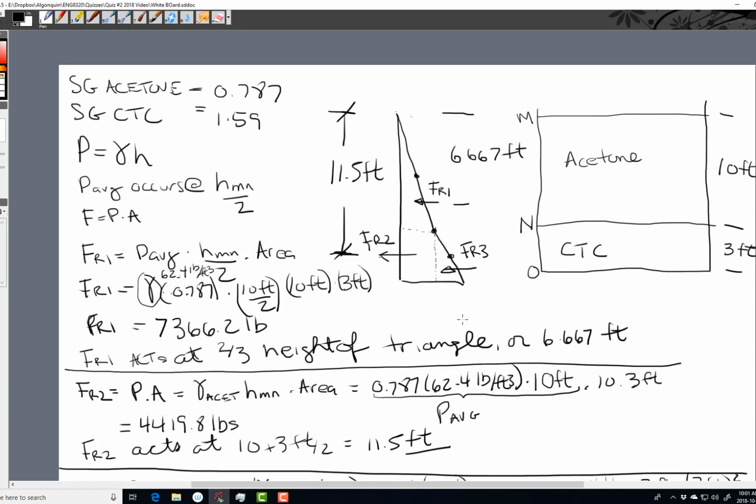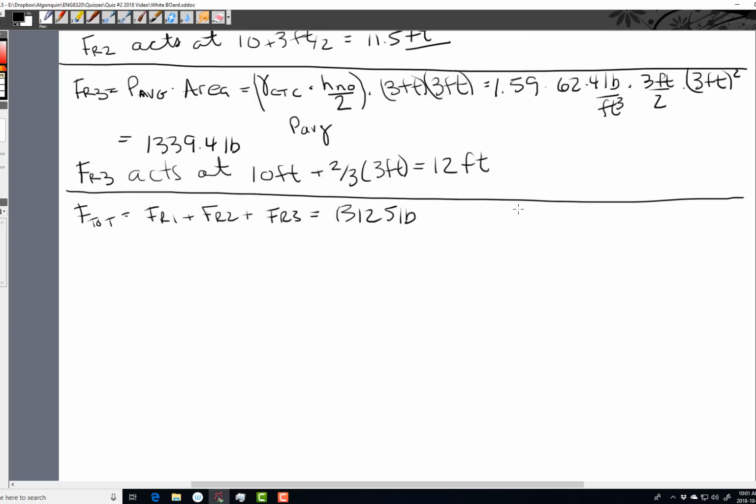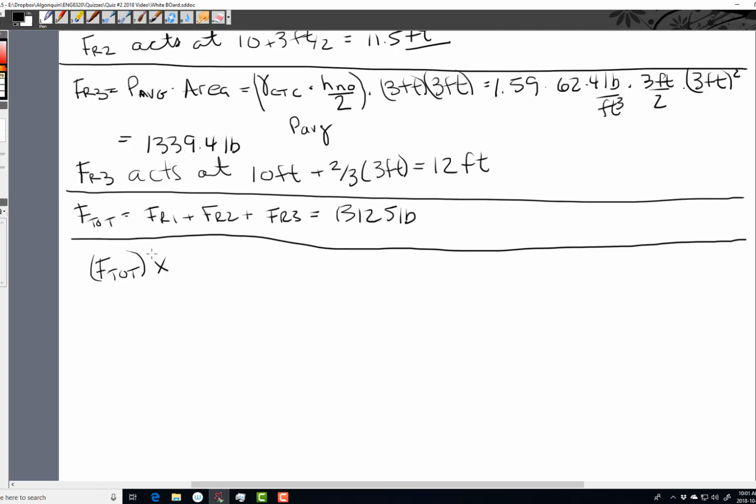So all I'm going to do is just put 12 feet here. Jam-packed, okay? Remember, in your statics class, one of your prerequisites for this class, you looked at centroids. So what we want to know now is where F total times some x bar is going to be equal to the equivalent location.